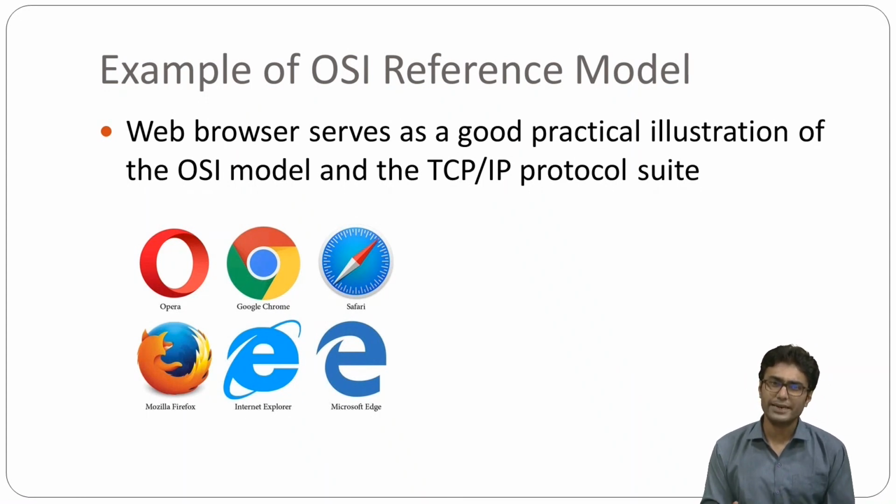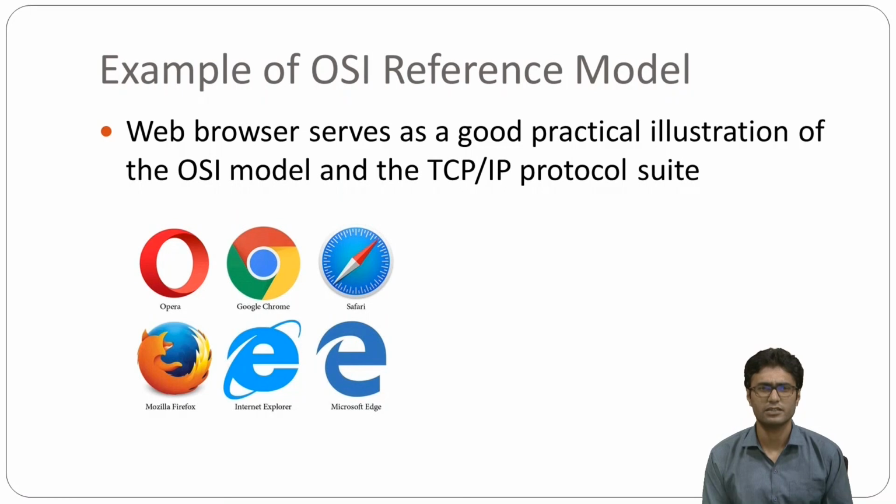Now the browser itself does not function at the application layer. Instead, the web browser invokes the hypertext transfer protocol, HTTP, to interface with the remote web server, which is why HTTP, hypertext transfer protocol, precedes every web address.